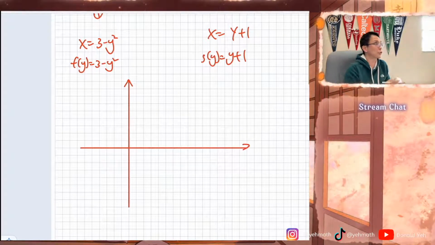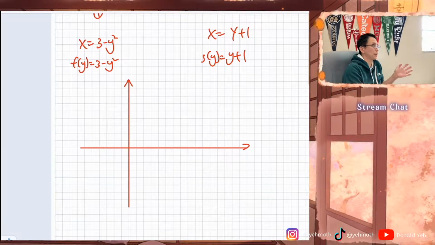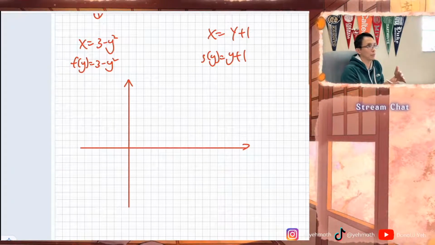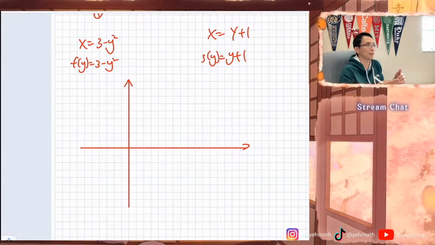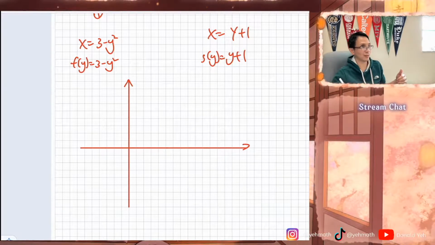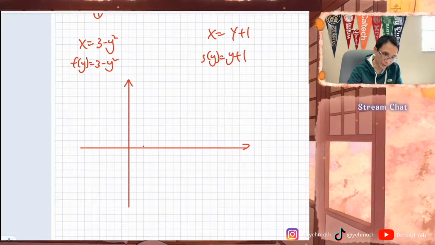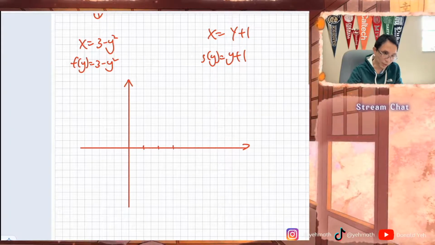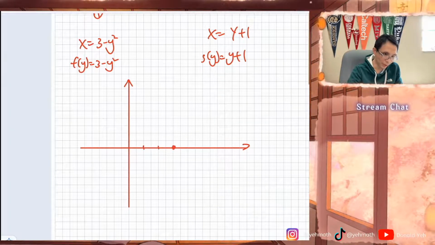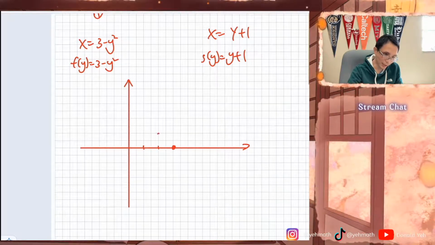Does that make sense? You're moving right 3 because you're looking in terms of the y perspective. The more positive it goes, it's going right. It's the same thing as an inverse function. Good job. So this is my vertex, and it's going to go this way.